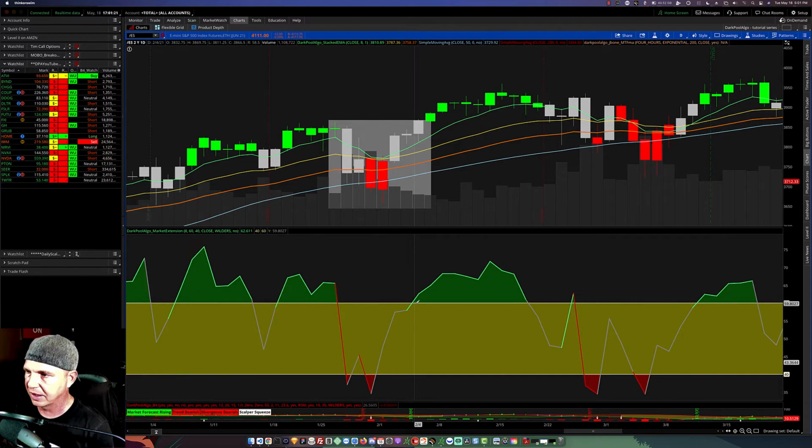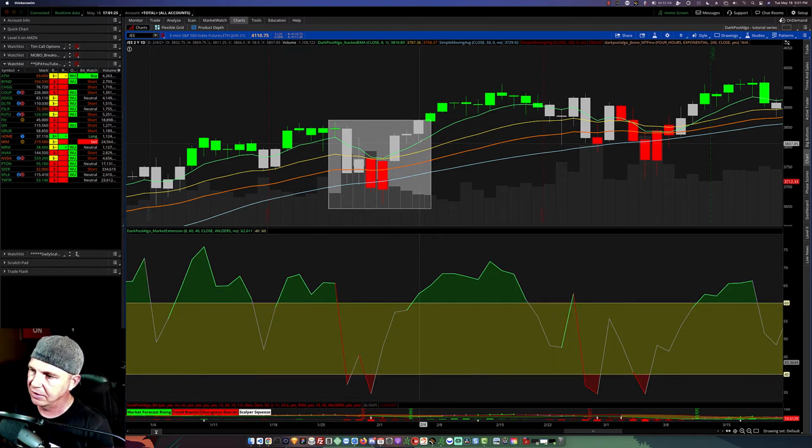That gives me an indication that this is going to become a valid trade. Price came back down, confirmed on the 8 EMA. The market extension is green and bullish. And from that point, I would have entered the trade on this candle that had closed above the 8 EMA.